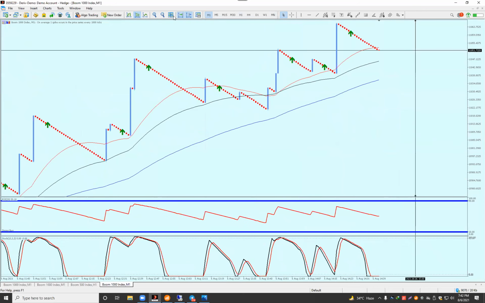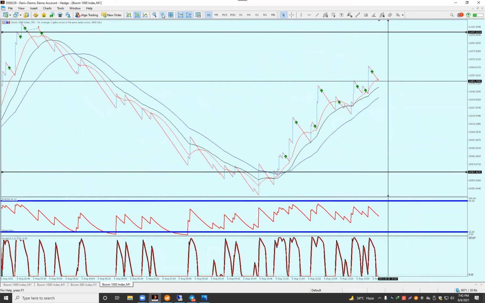I didn't know about this RSI and how to use it earlier. But what I used to do: whenever price was going up by crossing over the moving averages and getting a spike, I always caught those arrows.